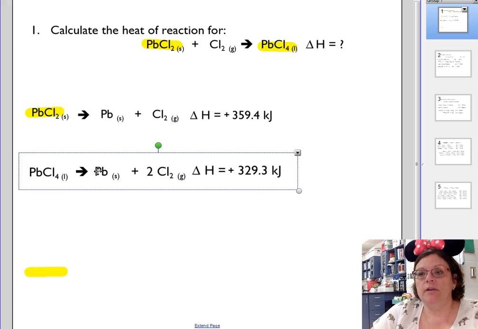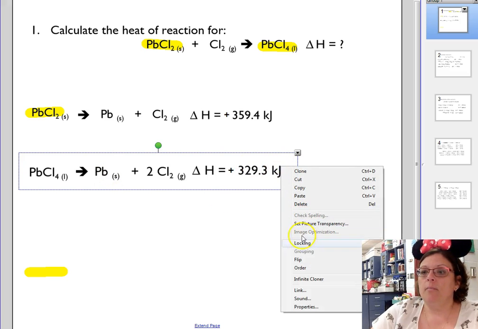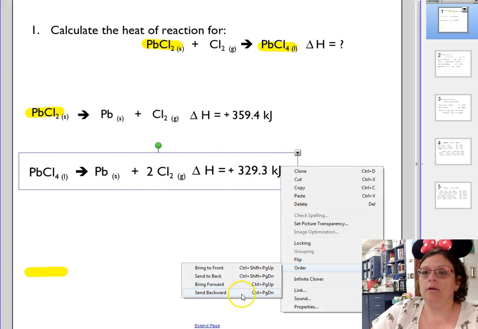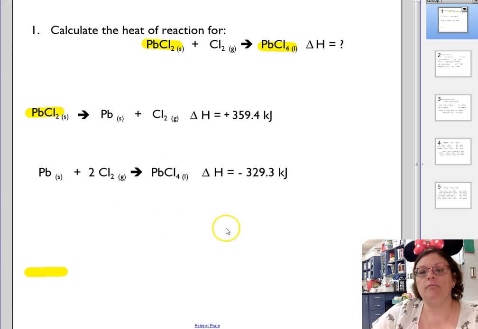We're going to flip him around. And I wish I had something magical and I could do that really cool, but instead I'm going to do that. And now we have flipped it around. So here's our lead chloride. So we have lead chloride plus chlorine produces lead 4 chloride.